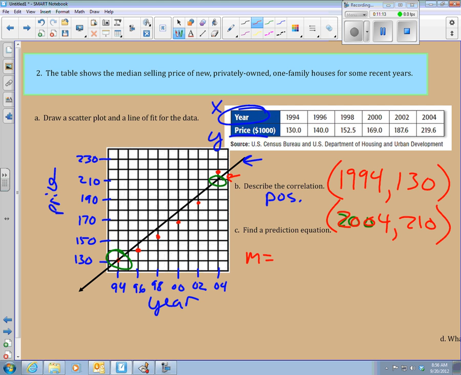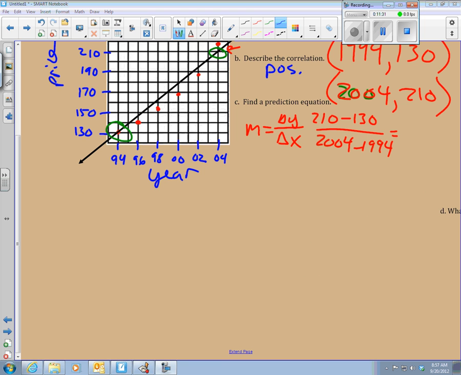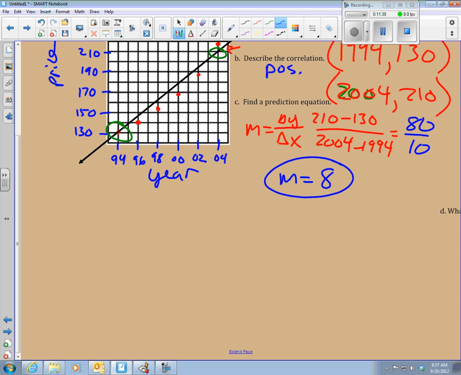Starting out with the slope, change in y over change in x: 210 minus 130 over 2004 minus 1994. It's going to give us 80 over 10, so our slope is a nice round number, 8.